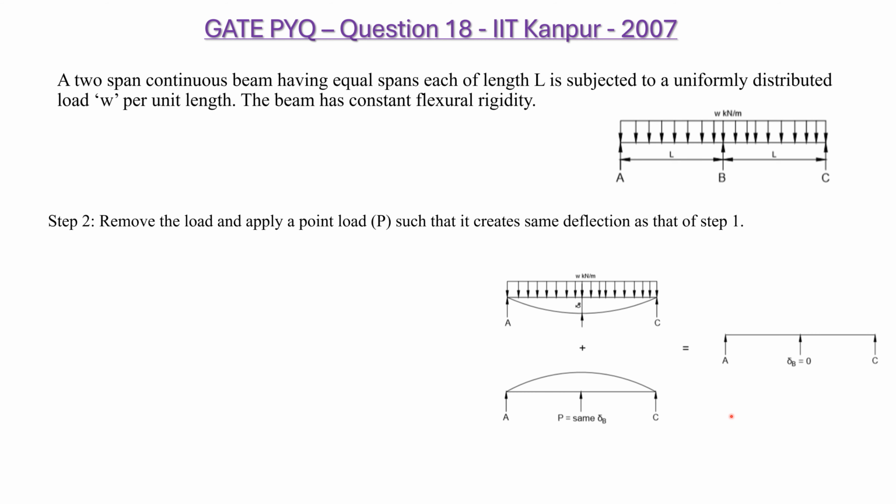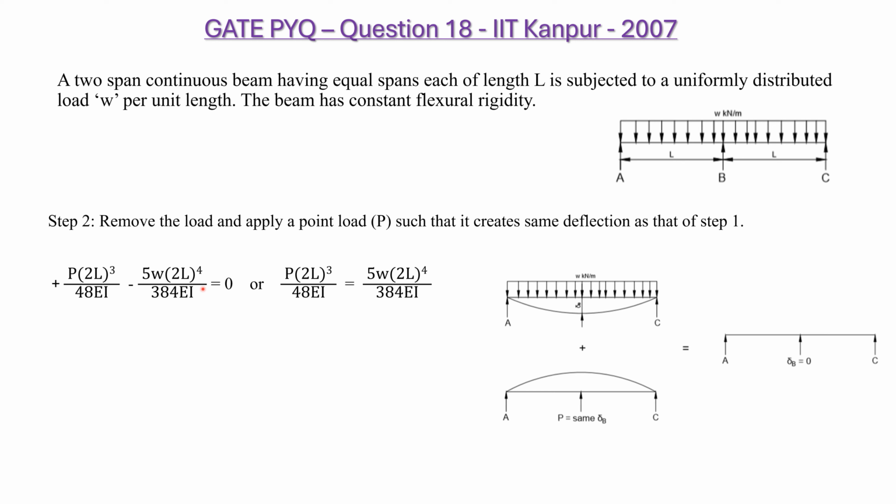Therefore, first we are going to add this deflection caused due to the UDL. Then we are going to add this deflection caused due to the point load. When we do that, we get P(2L)^3/48EI minus 5W(2L)^4/384EI. That should be equal to 0, that you can see here in this picture.